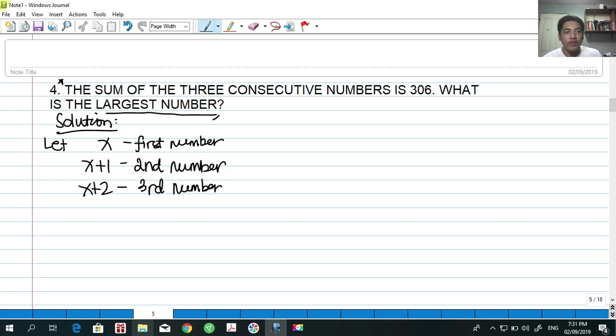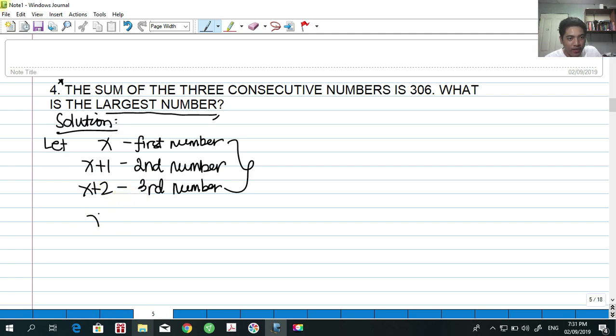Then let's proceed with another condition. It says the sum of the 3 consecutive numbers is 306. We already know the 3 consecutive numbers: x, x plus 1, and x plus 2.